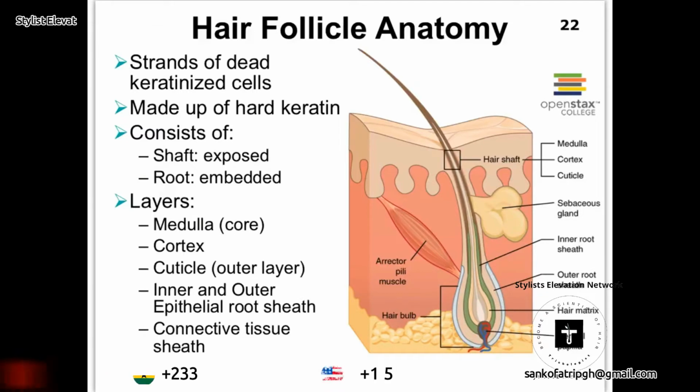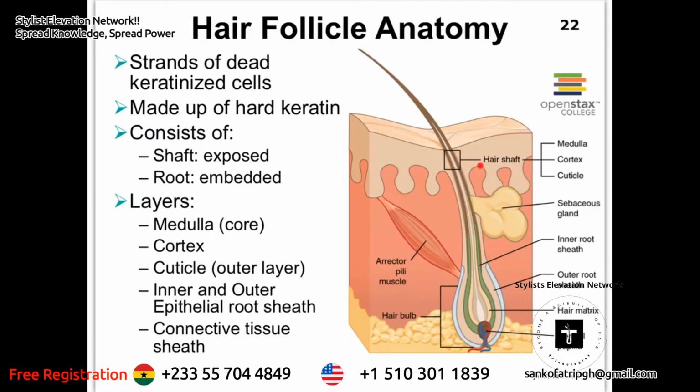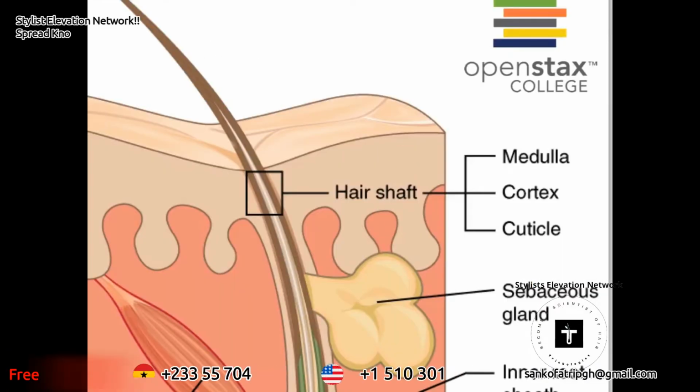Now let's take a closer look at the hair shaft and learn what kinds of layers are present here. The inner core of a hair follicle, this white layer right here, we'll refer to as the medulla. And we're going to see this term in anatomy over and over again. The medulla always refers to the very inner core of an organ.